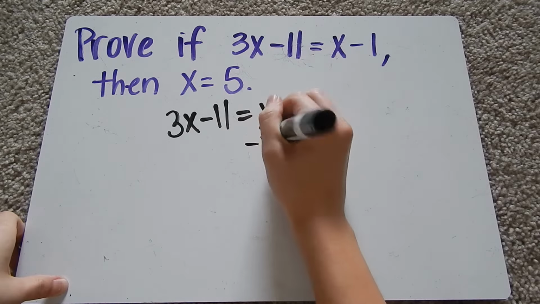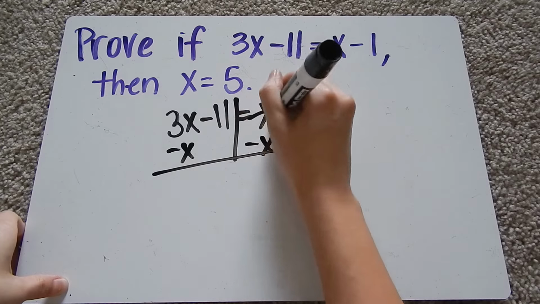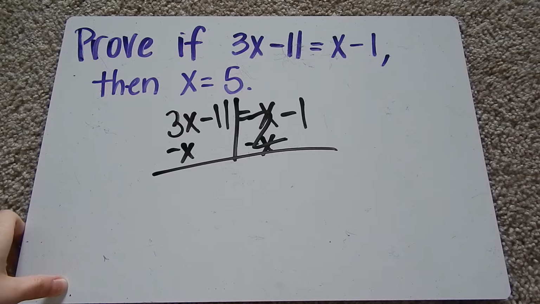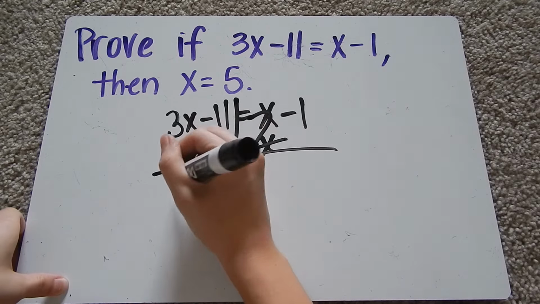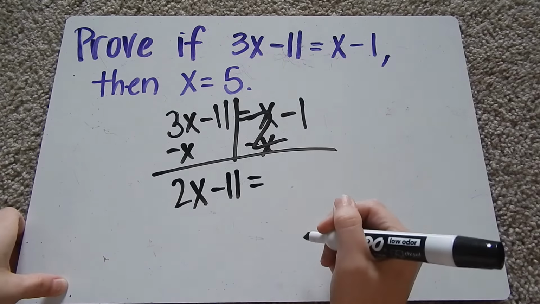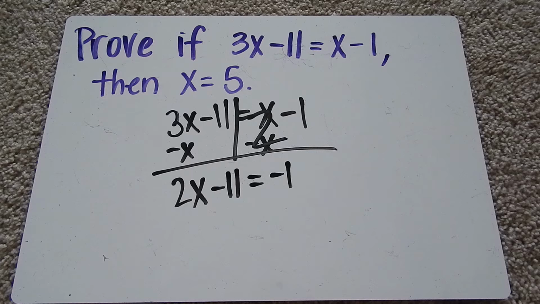So I'm going to subtract x from both sides. What that does is gets rid of it from the right hand side and puts it on the left hand side. 3x minus x is 2x. Bring down your minus 11. Bring down your equal sign, and then negative 1 is left on the right.